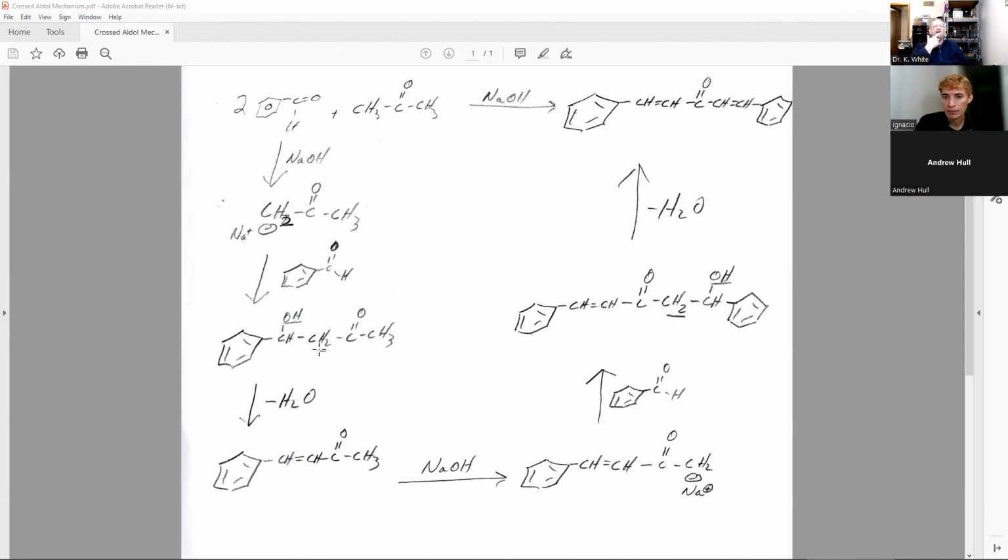Two hydrogens, oxygen. That's water. And if I lose water between these two carbons, I'll form a double bond. What drives that? The double bond here in the ring will now be conjugated to the double bond in the ketone carbonyl. And that happens immediately. I mean, whoop, it's done, even faster than what I just said.